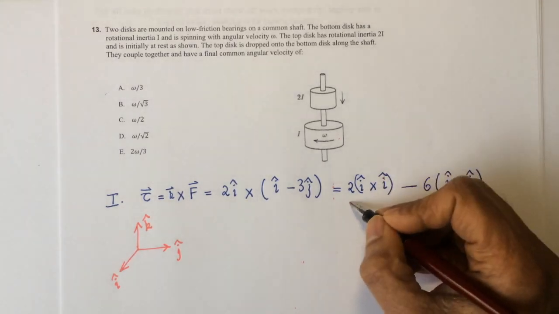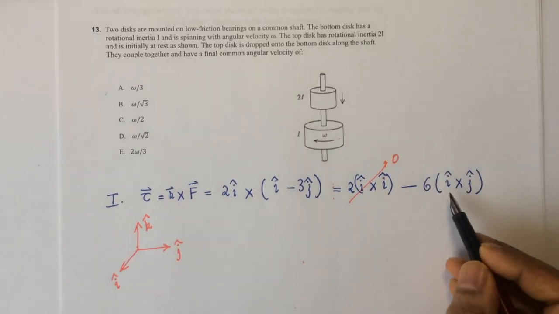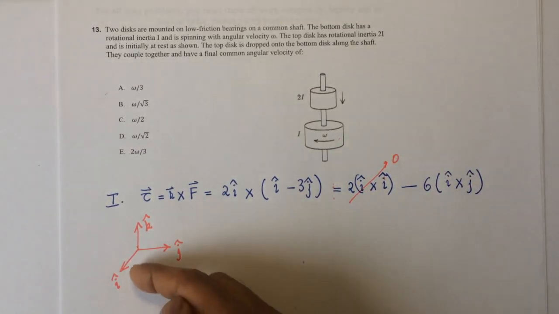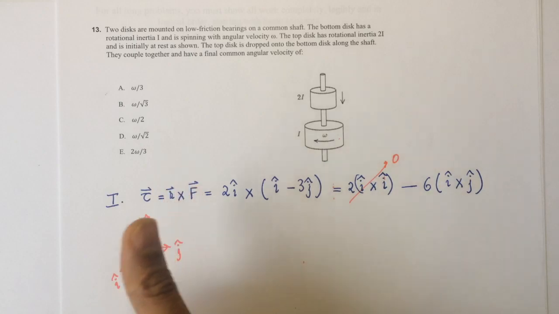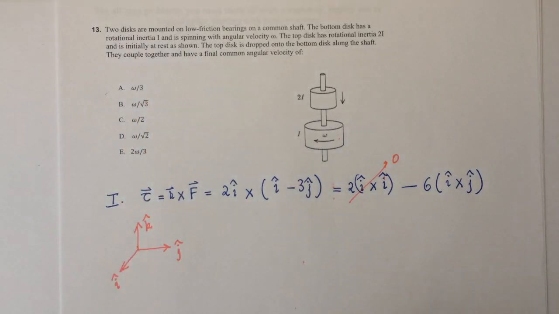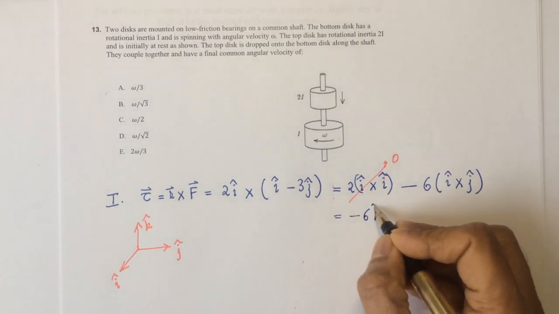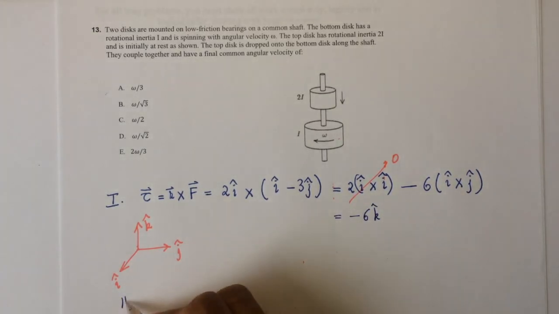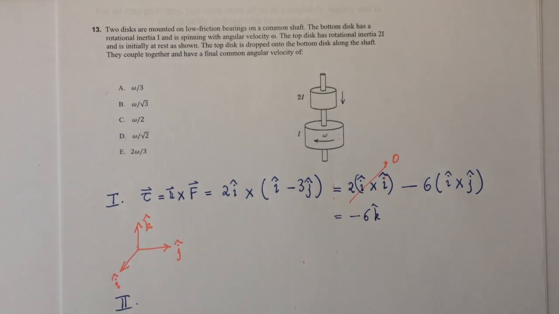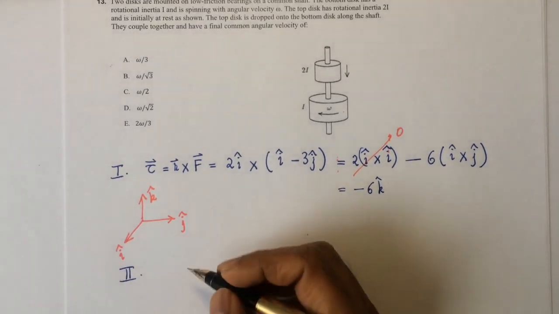So this is going to be 0. i hat cross j hat, if you use a right-hand rule, is precisely k hat. So the answer is going to be negative 6k hat. Very easy.